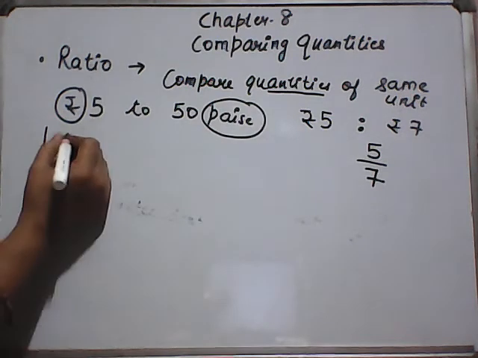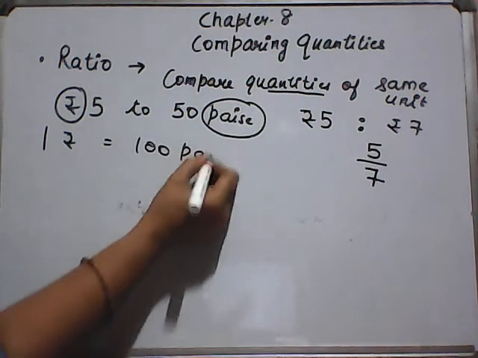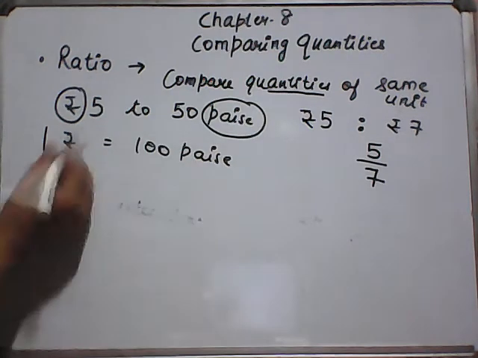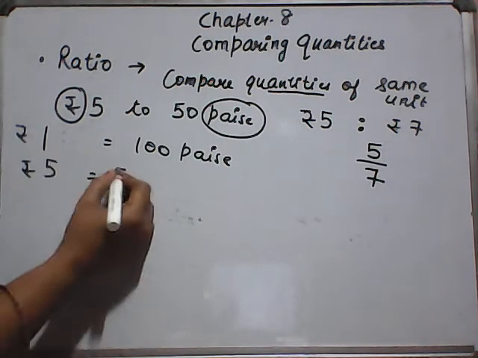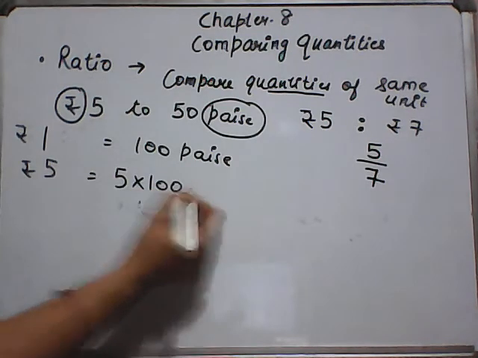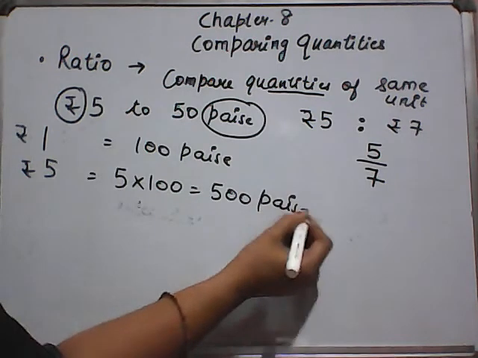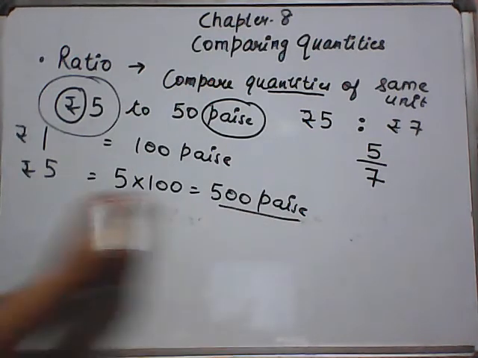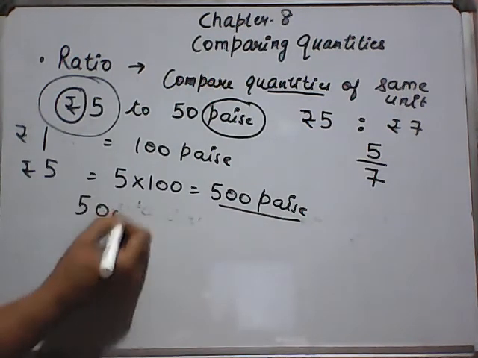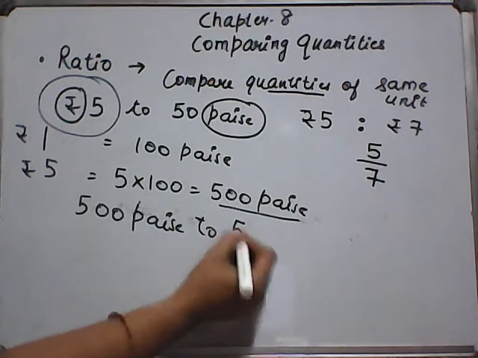We know that 1 rupee has 100 paise. So 5 rupees have 5 multiplied by 100, you can say 500 paise. So here we can convert 5 rupees to paise. We can write it as 500 paise to 50 paise.